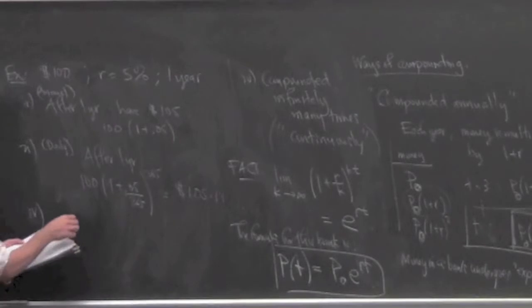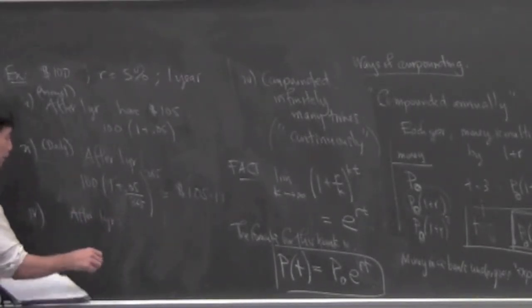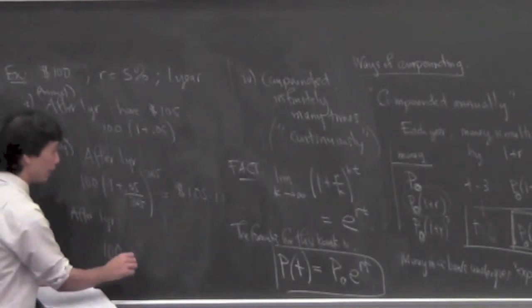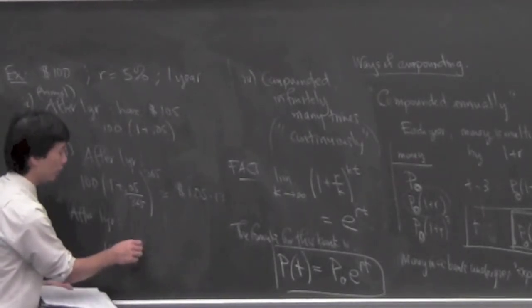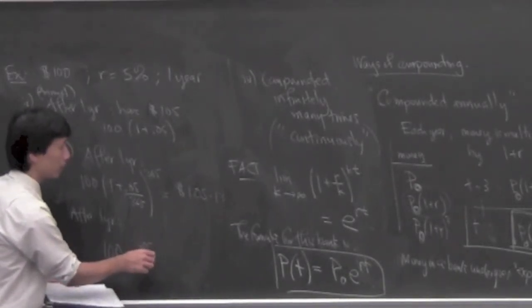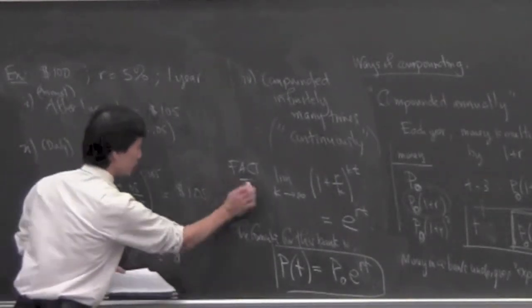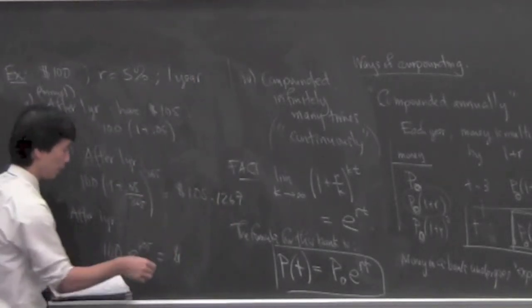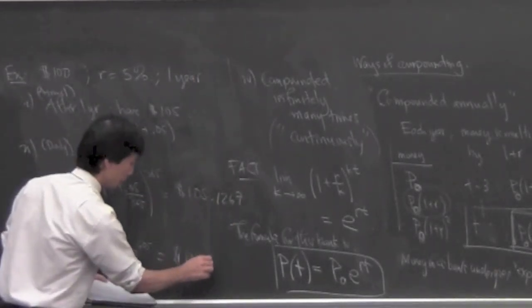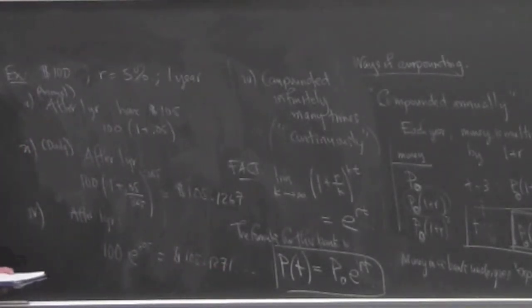Bank number 4. After 1 year, how much do you have? You have 100 times e to the what? 0.05 times 1. So e to the 0.05, and that turns out to be 1.0513, so this one turns out to be about $105.1271.